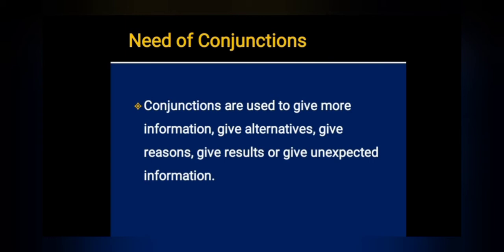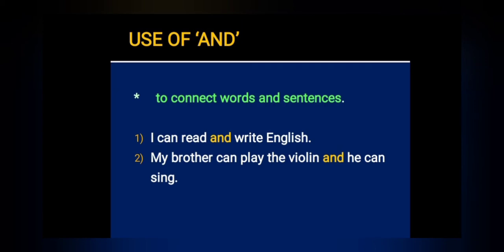So conjunctions are related with the words information, alternatives or choices, reasons, results, or unexpected information. Let's learn their uses one by one. First of all, let's see how to use the conjunction and.